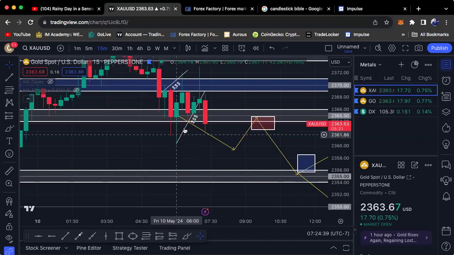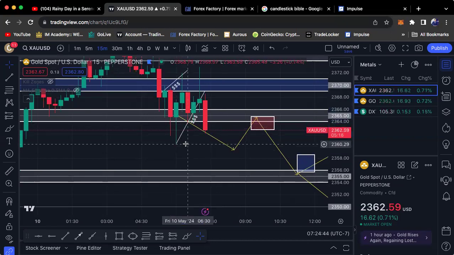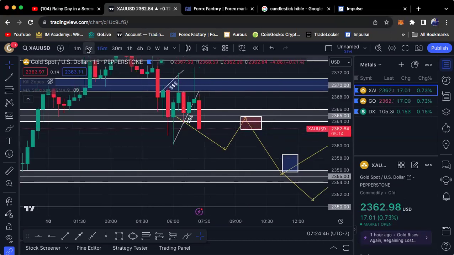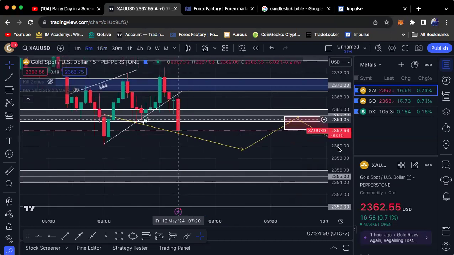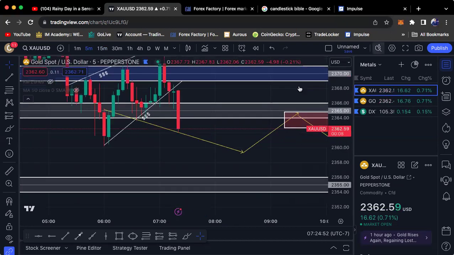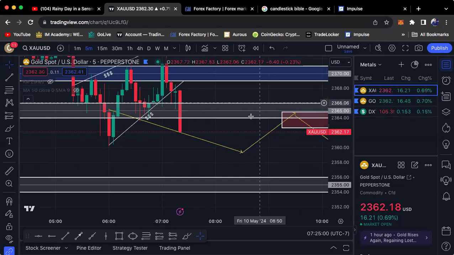It took out all these buyers. Wait for that retest to form, and then wait for the confirmation candle, the bearish confirmation candle.